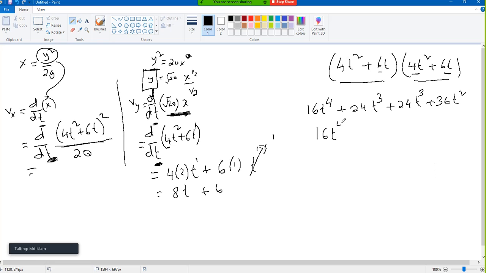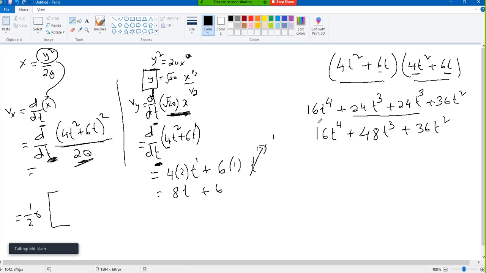So 16 t to the power 4. Then this component will be 48 t cube. Then 36 t square, all divided by 20. You can see 20 here. Okay, so I will not disturb 20 now. Keep 20 here.